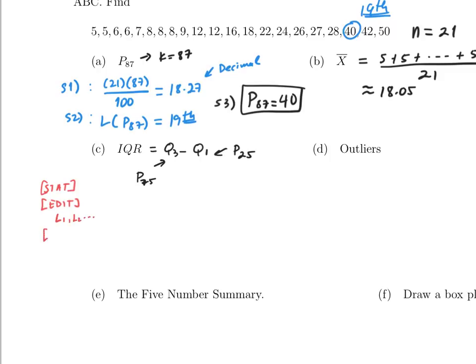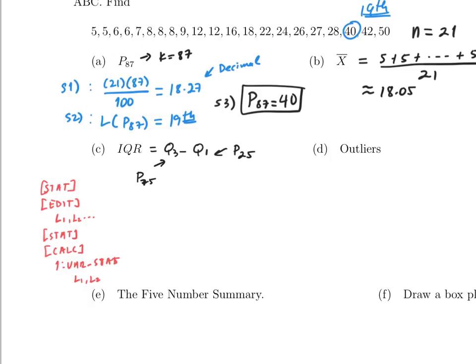Then go again to Stat, and then go to Calculate, and then pick One-Variable Stats, and just make sure you put the right L1 or L2, whatever list has the data. This will give you Q1, Q2, and Q3, but it will not find something like P87.